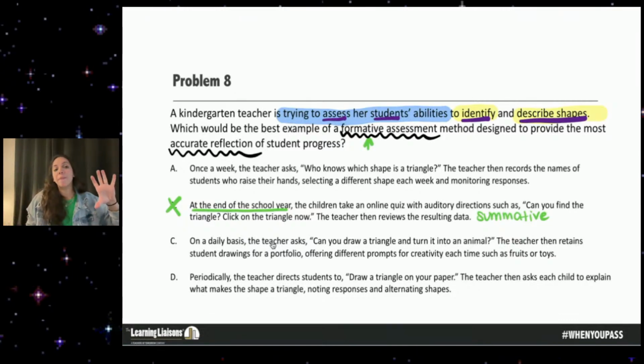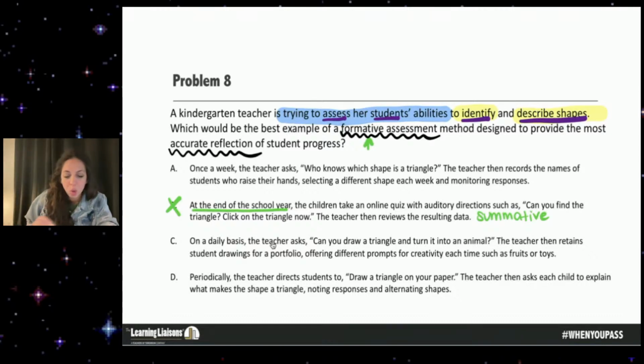So it's going to happen more often than a unit quiz or a unit test or at the end of a quarter or a semester or a school year. That is not formative assessment. Formative assessment is like a midweek quiz or an anecdotal observation or an exit ticket. Those are all examples of formative assessment. And they happen more often because then we can actually form our instruction, right?